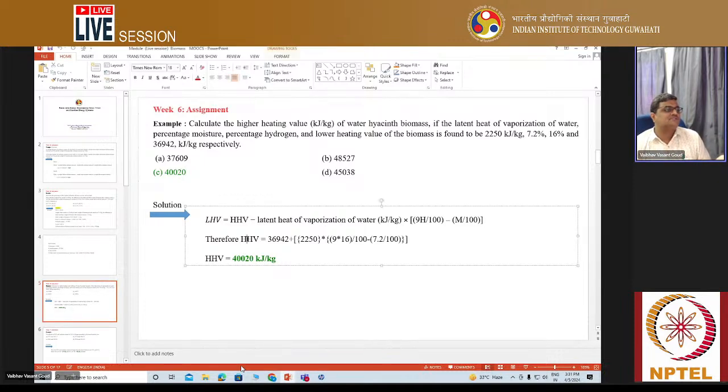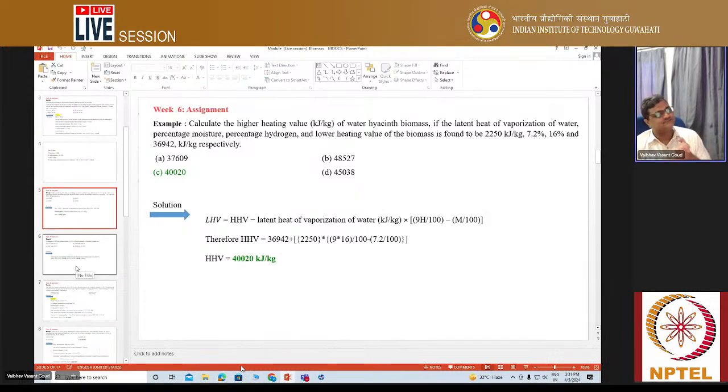You can shift these terms, HHV on the left side and the LHV on this side, or rather shift this entire term to this side, and then you will get the HHV value, which comes out to be around this much. So I don't see any difficulties in this example. If you are attempting this example, I guess there is no such difficulty level.